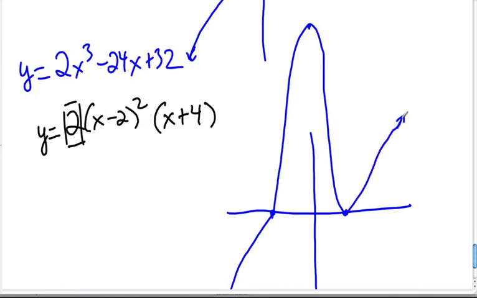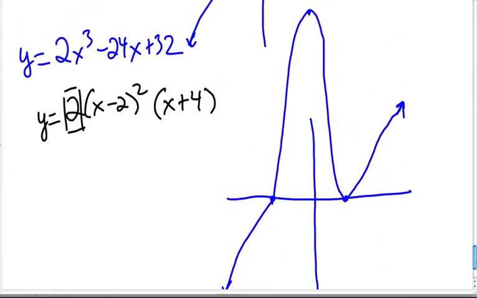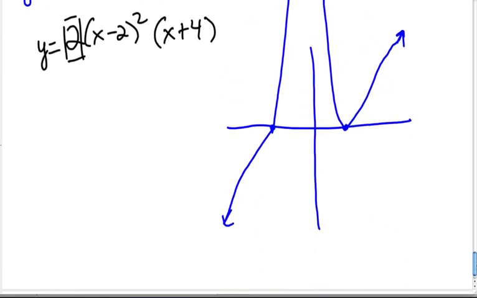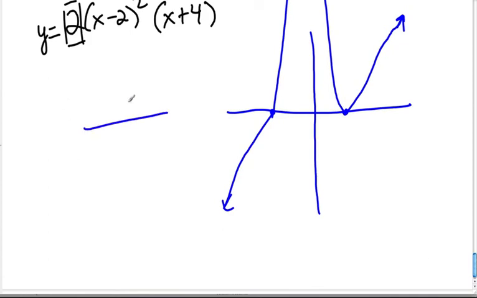And I'm trying to really emphasize the fact that it's going to be a smooth curve, because that's really what makes a polynomial function. So let me just try to redraw that. That's kind of what it's going to look like. Looks pretty cool, right?